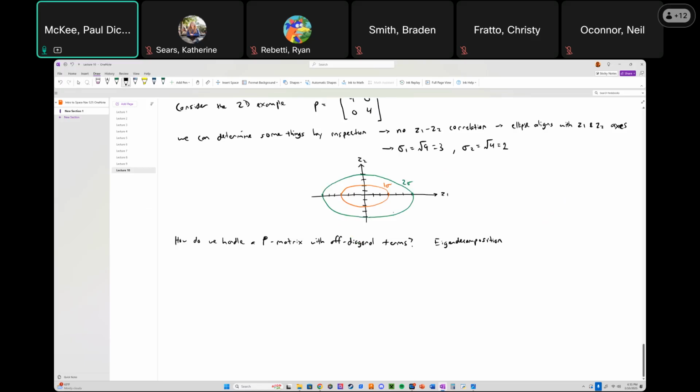So eigendecomposition will tell us the variance in the principal frame.